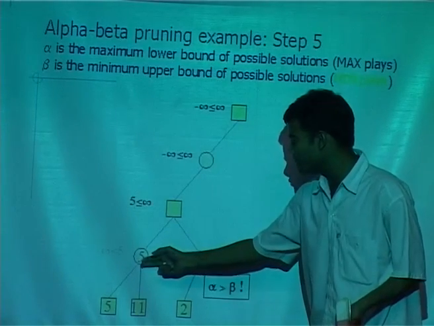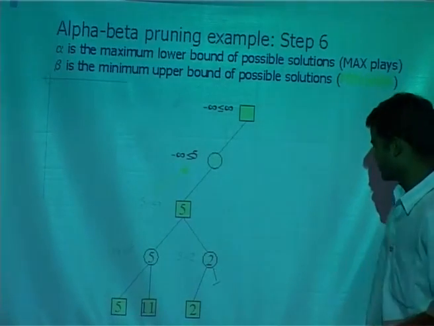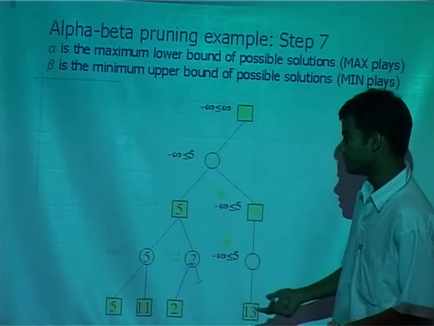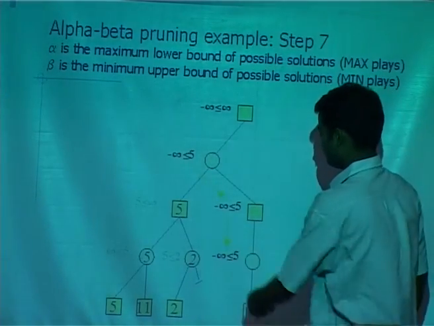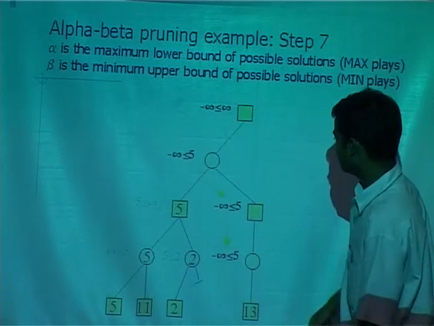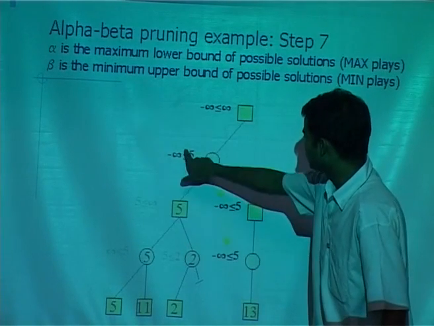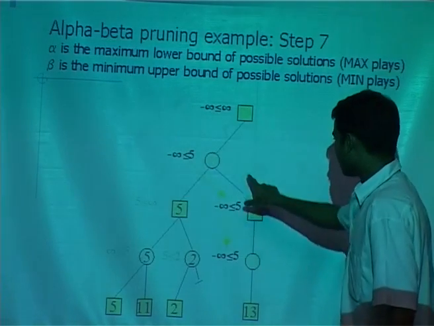We also know 5. After that, all these nodes are pruned. Now here it is 5, so 5 is stored here. And now calculate.